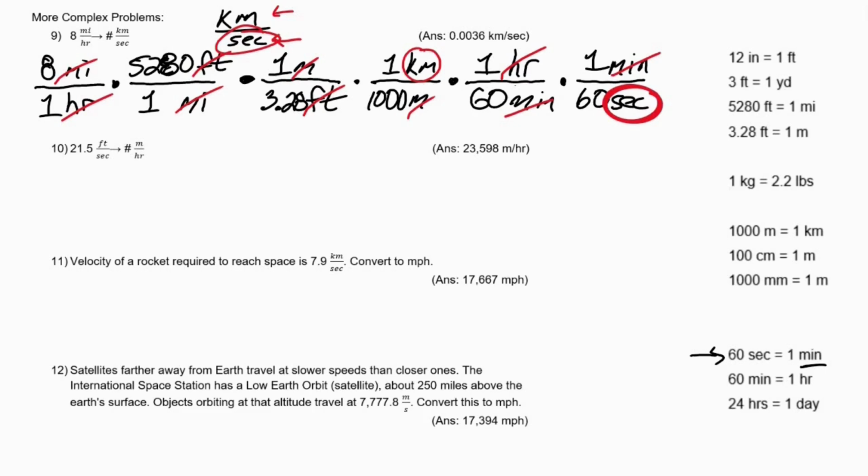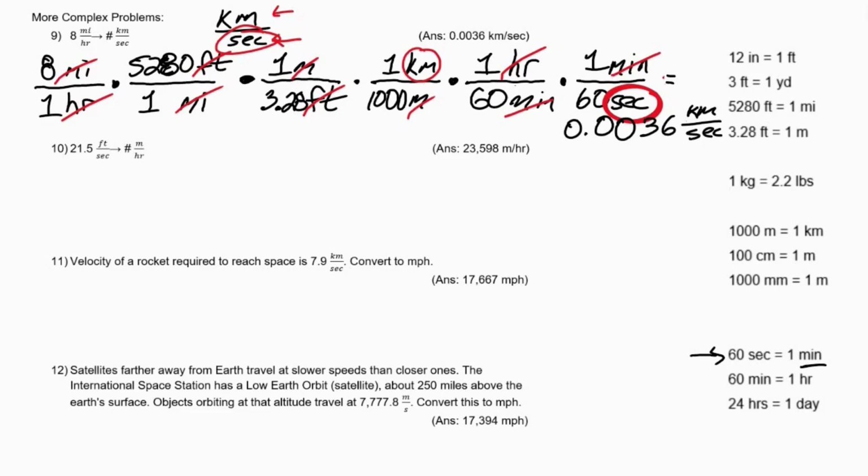So that's our indicator that we're done with this problem. All we have to do is plug this in the calculator to get our answer, which is 0.0036 kilometers per second. And that's what 8 miles per hour is equal to.